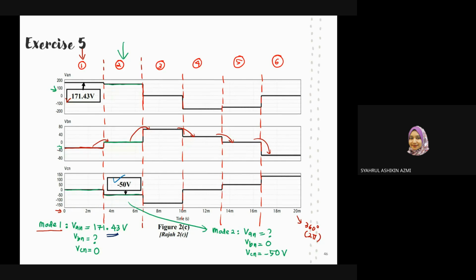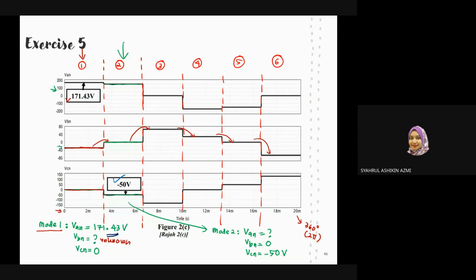So basically you're not sure. It might be negative 34 or negative 35 volt. Since you are not sure, don't simply estimate. If not sure, make it unknown. So your VBN will be unknown. Your VCN is obviously at 0, so VCN equals 0 for mode number 1.